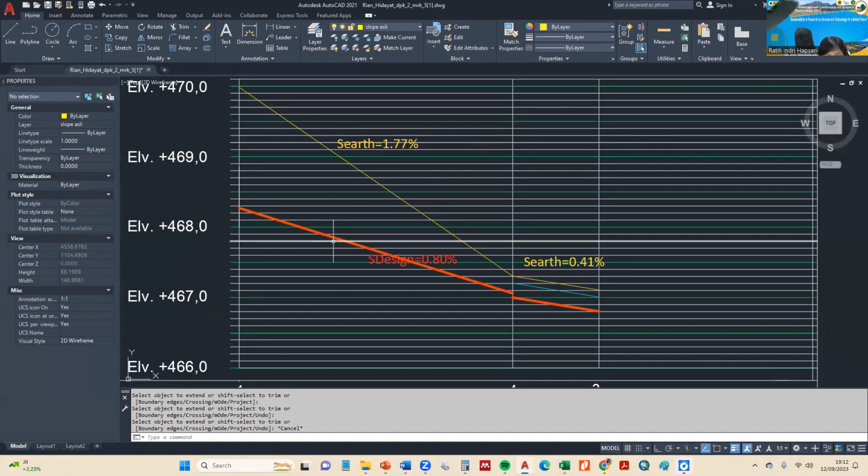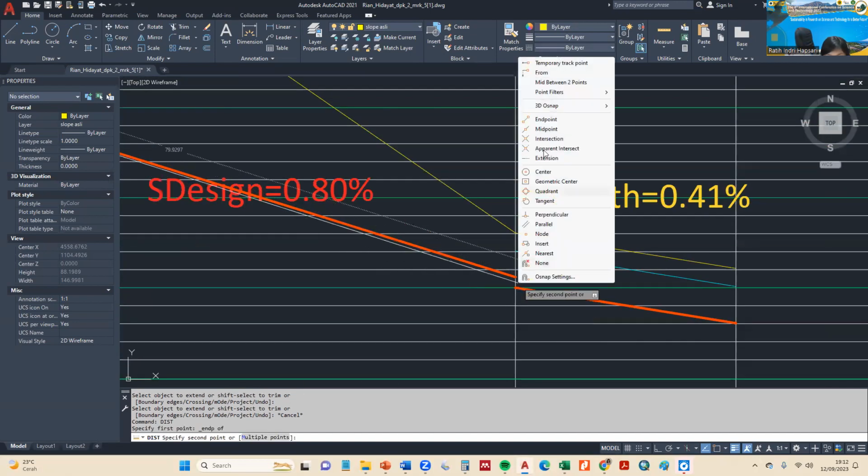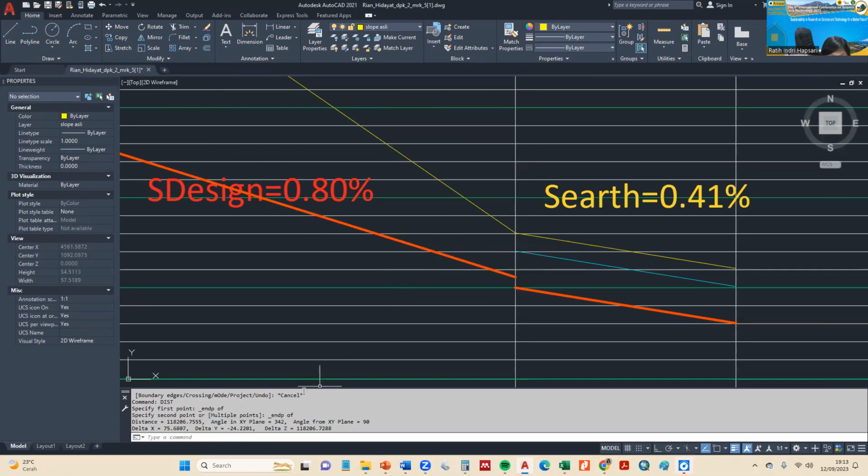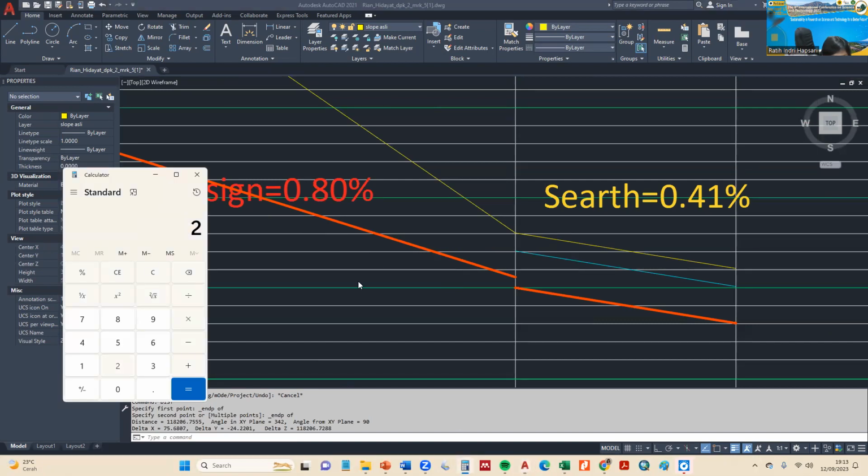Then I will divide it into two by designing the drop structure. So let's see the elevation difference of the beginning and the end. You see, delta y is 24.201, and we divide it into how many? Let's say divided into 2, yeah. So the elevation difference is 12.11.